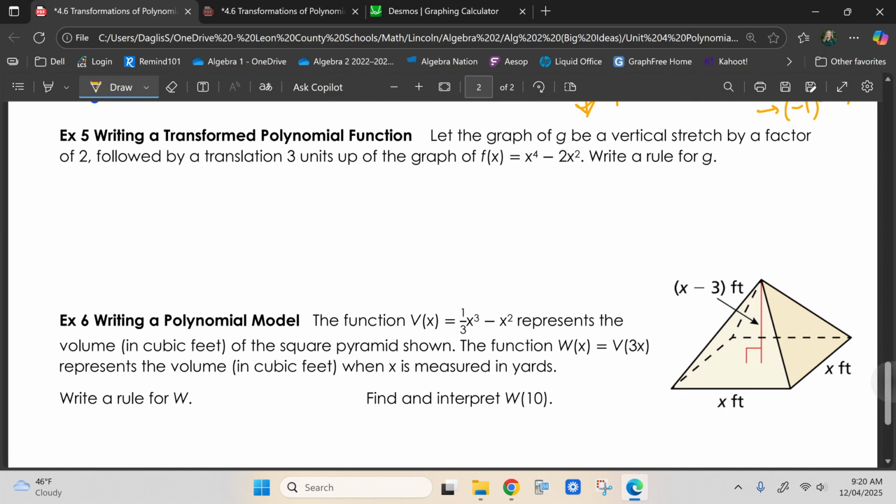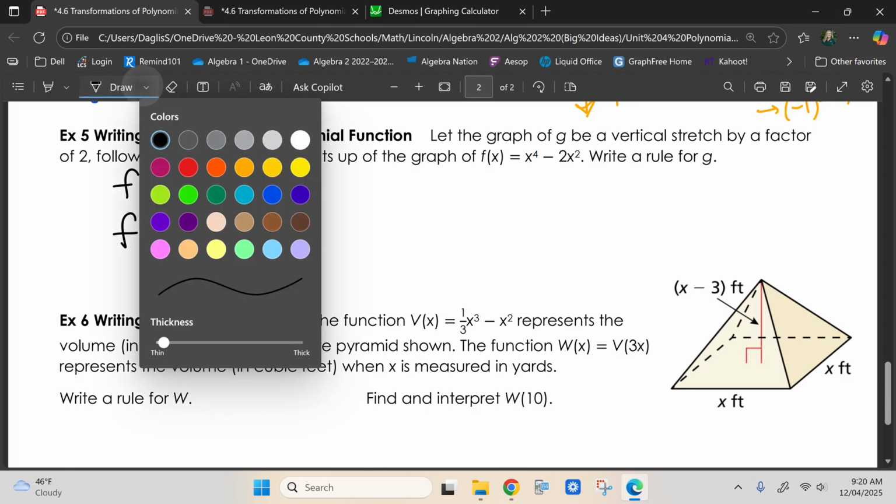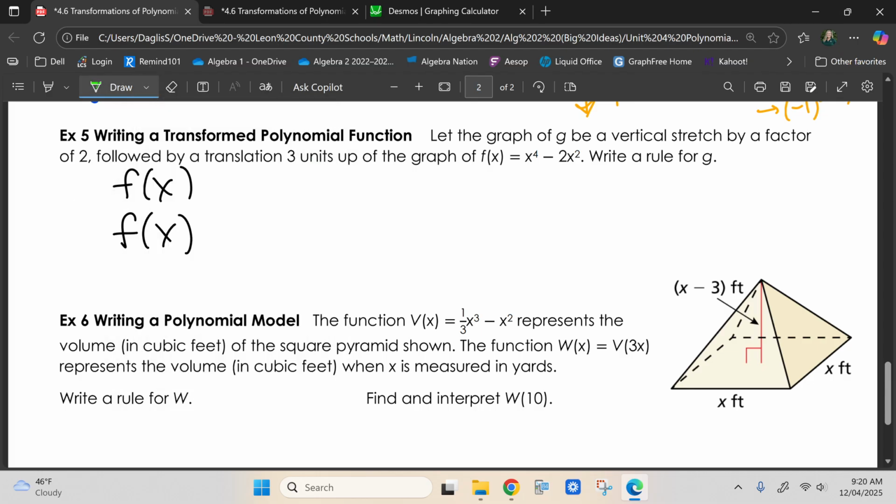Example 5. Let the graph of g be a vertical stretch by a factor of 2, followed by a translation 3 units up of the graph of f of x equals x to the power of 4 minus 2x squared. So, f of x, 2 things are happening to it, correct? Which one did it tell me happened first?